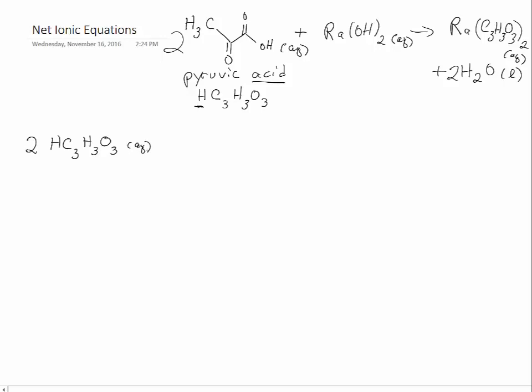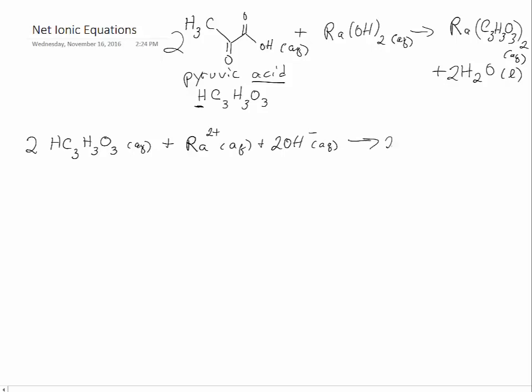What about the radium hydroxide, though? If you said it's an ionic compound, you're correct. And what do you know about that ionic compound and how it would behave? Hopefully you also said that it's soluble, meaning that soluble ionic compounds are strong electrolytes. So that means that we have radium ions and hydroxide ions in solution.